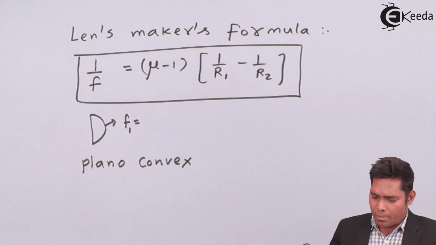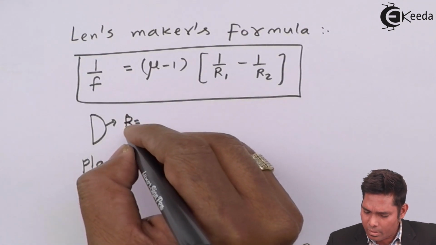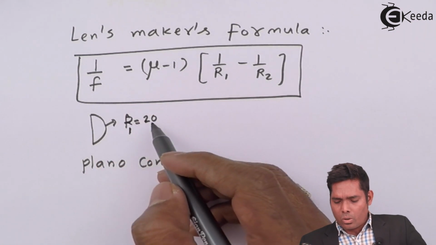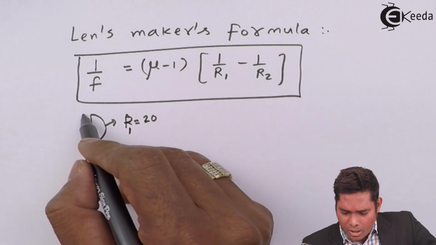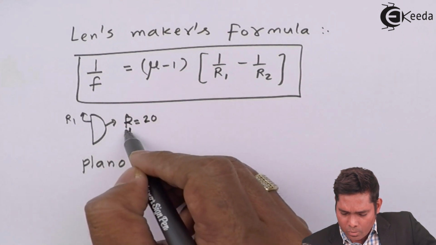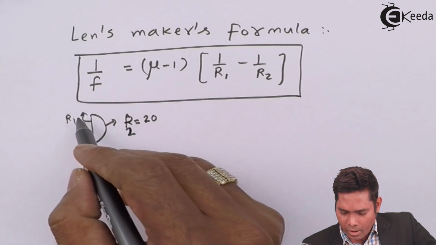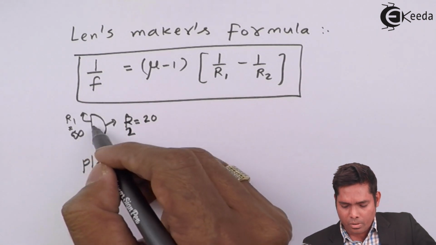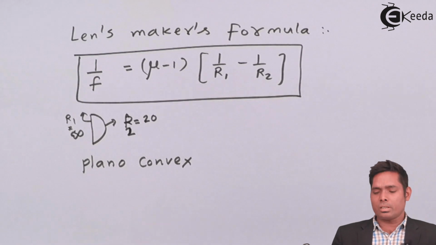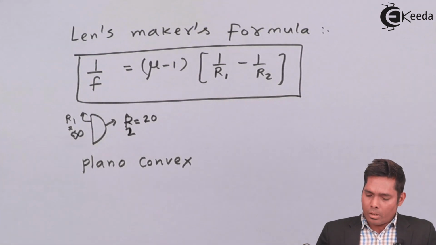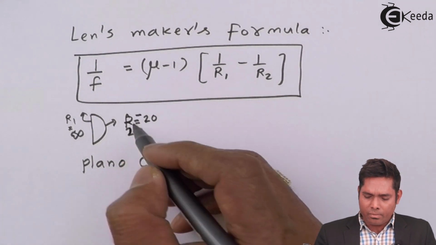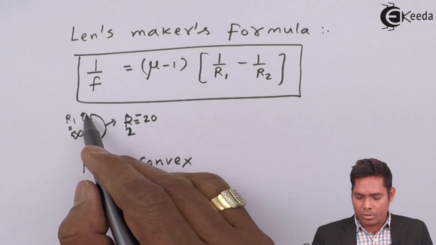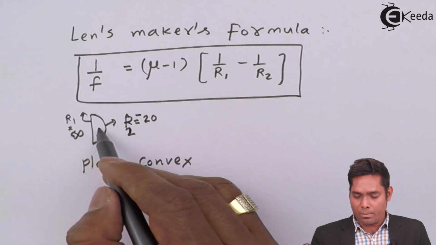Each has radius of curvature 20 centimeter. So if this is R1 and this is R2, R2 is 20 and R1 is infinite, because this is plane, radius of curvature is infinite. And this is negative because this radius of curvature will lie to the left of this.